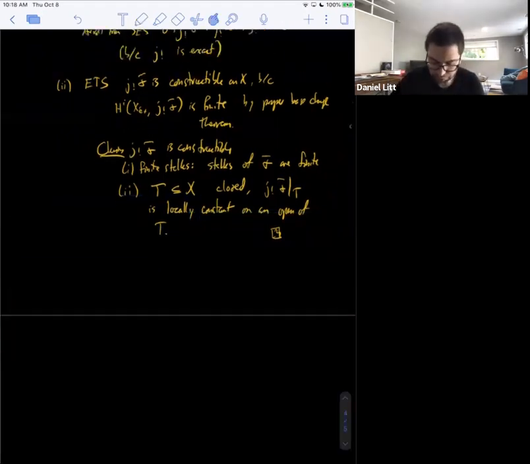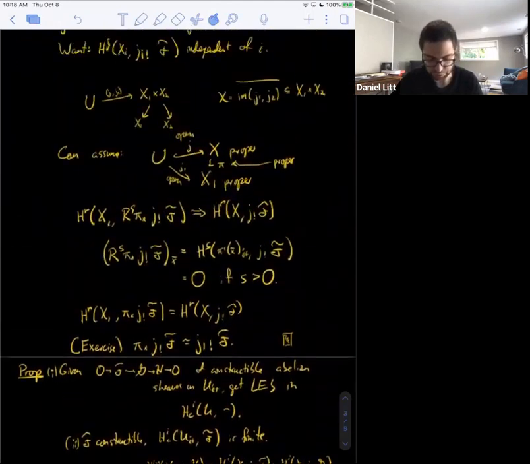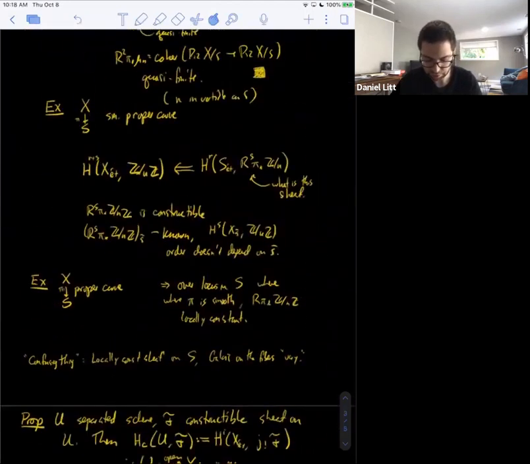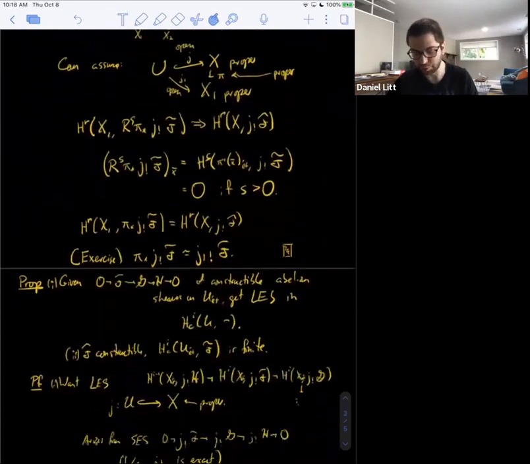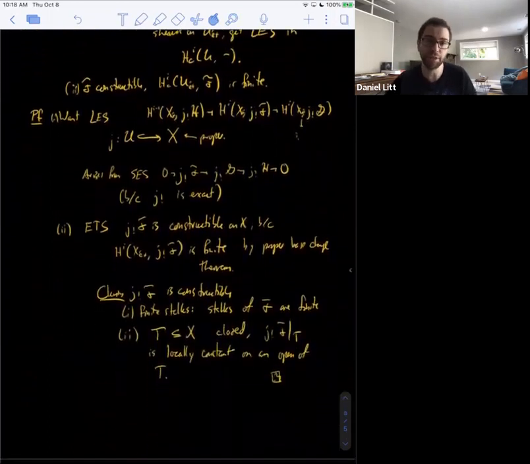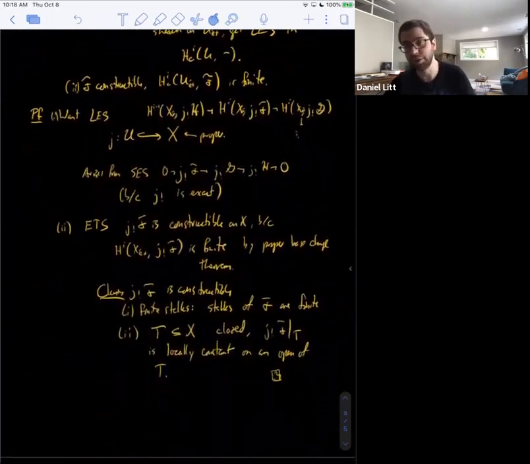So let me remind you, I kind of discussed the situation where one might use the proper base change theorem up here, where you might stratify S by looking at loci where some morphism is smooth, and then try to work on that open, and reduce things about computing cohomology over S to things on the open and things on the complement. So in order to do that, we need a way to relate cohomology on an open and on a complement to cohomology on the whole thing.